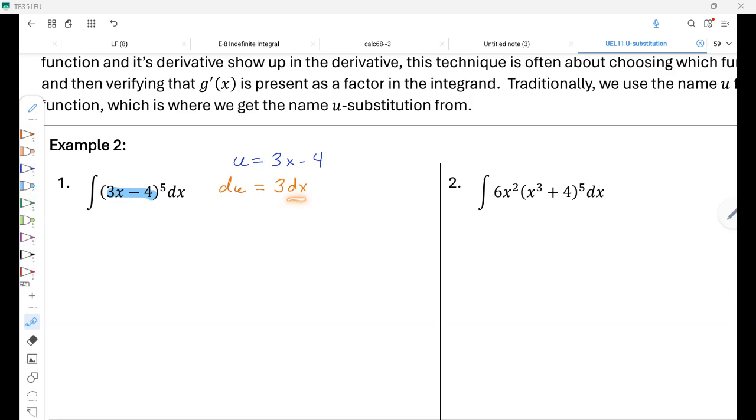I know what 3 dx is, but I need to fill in for just dx. So I'm going to divide both sides of the orange equation by 3 to find out that dx equals 1/3 du.